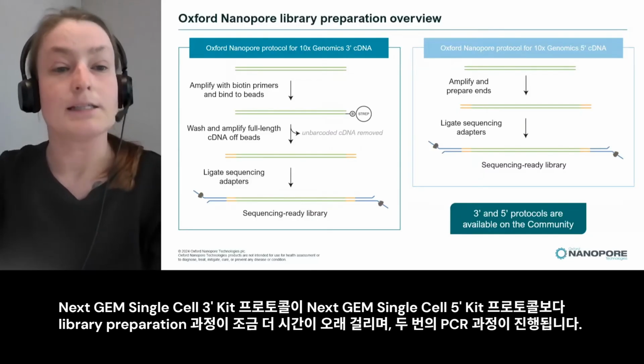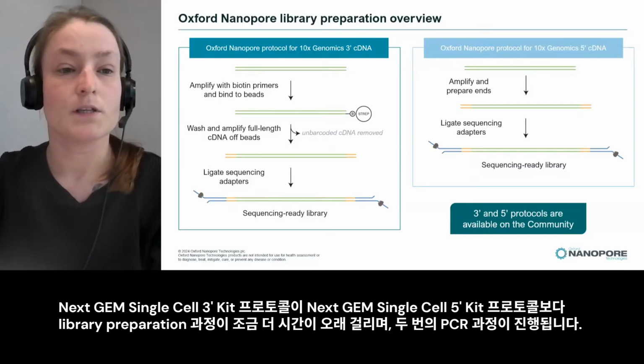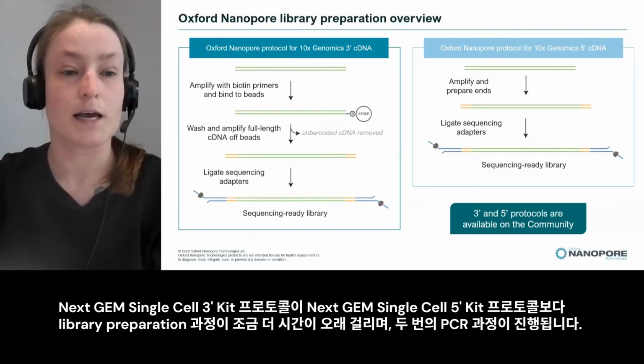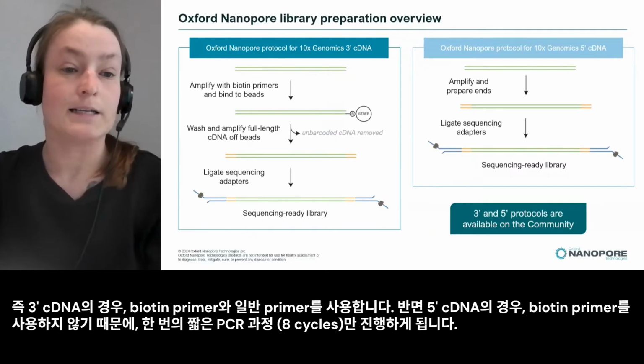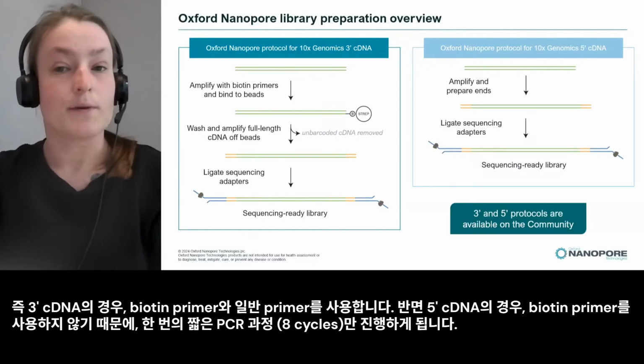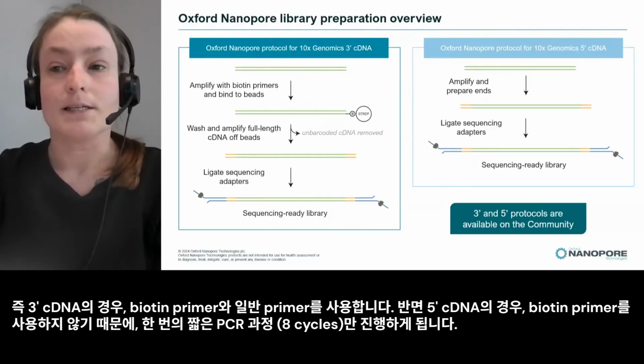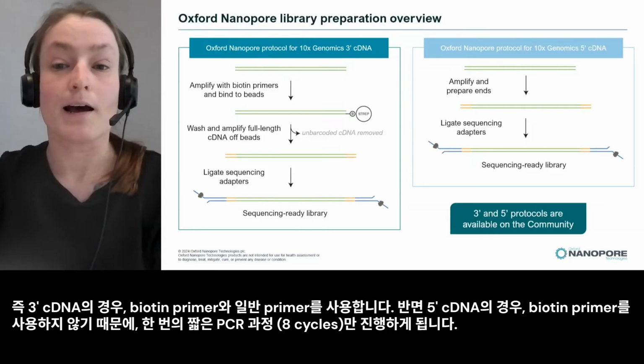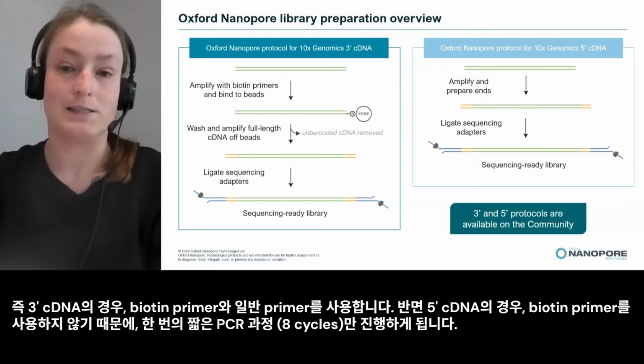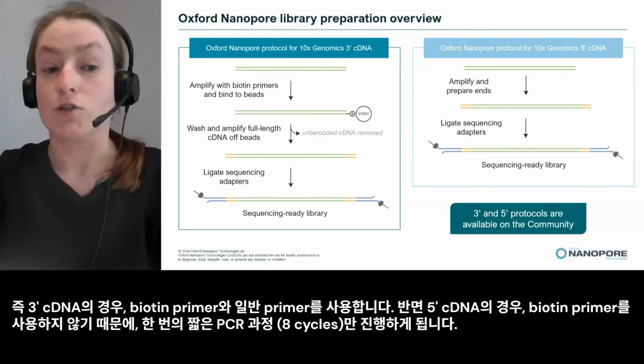The 3' is a little bit longer than the 5', as it has two separate PCR steps. The first with biotinylated primers and then normal primers, and the 5' cDNA doesn't have those biotinylated primers, so you only have a short 8-cycle PCR step as opposed to 2.